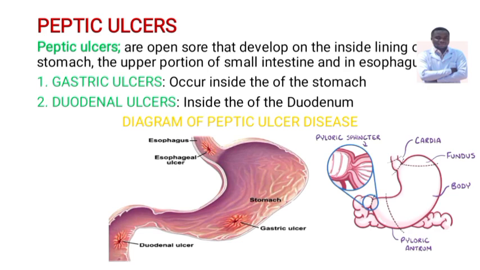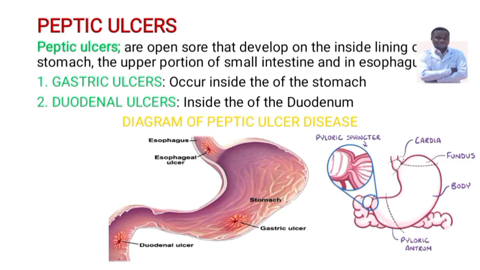The gastrin secreted in the pyloric antrum helps in the increase of hydrochloric acid production by the parietal cell. But also the D cell is found in the duodenum and the pancreas.